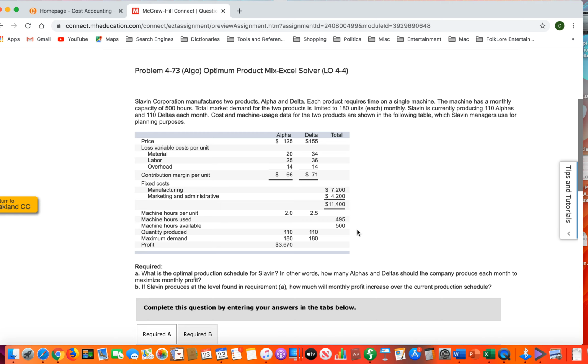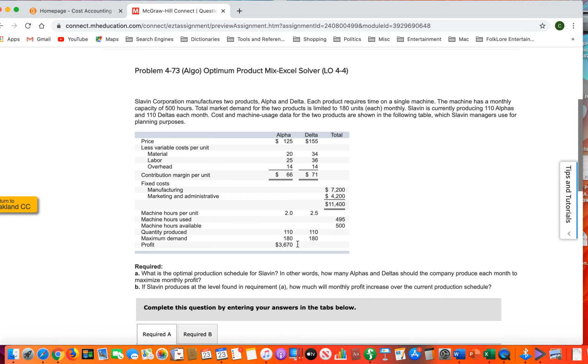So, maximum demand, you go with 180 for the price they sell it for. Alright, so 180 times, that's maximum, at 125. That's 22,500.